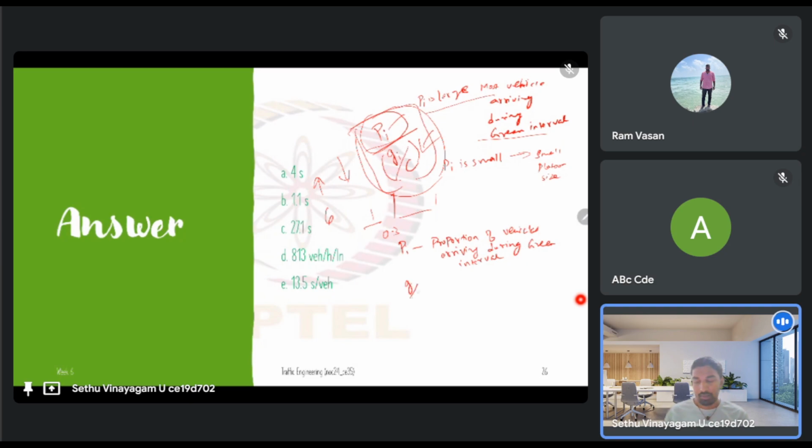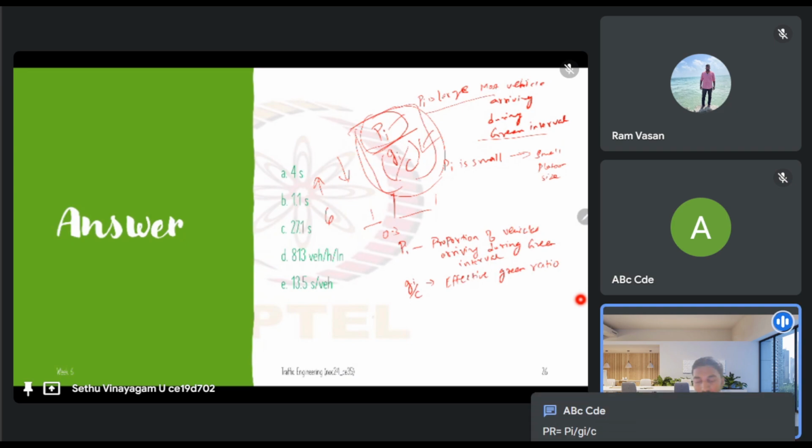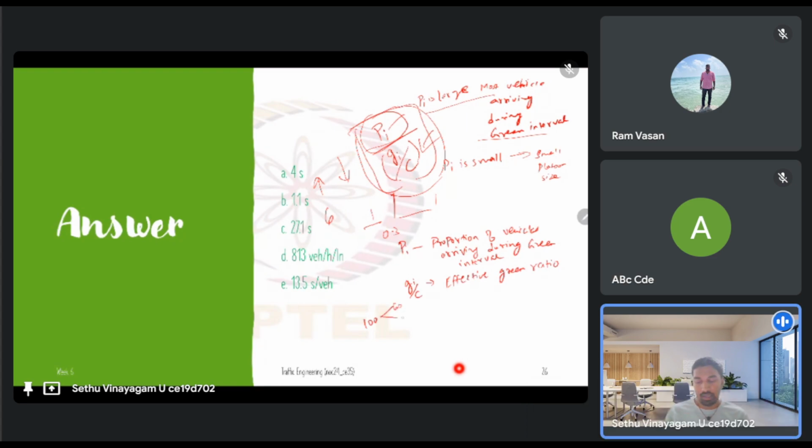Ga by C is your effective green ratio. Say if 100 vehicles are arriving in a cycle, out of this, 60 are coming during the green and 40 are coming during the red. Then Pi is 60 by 100.